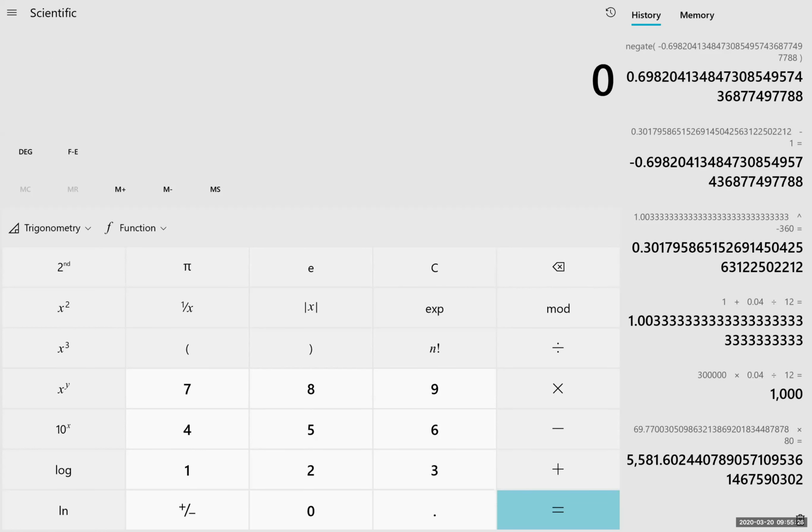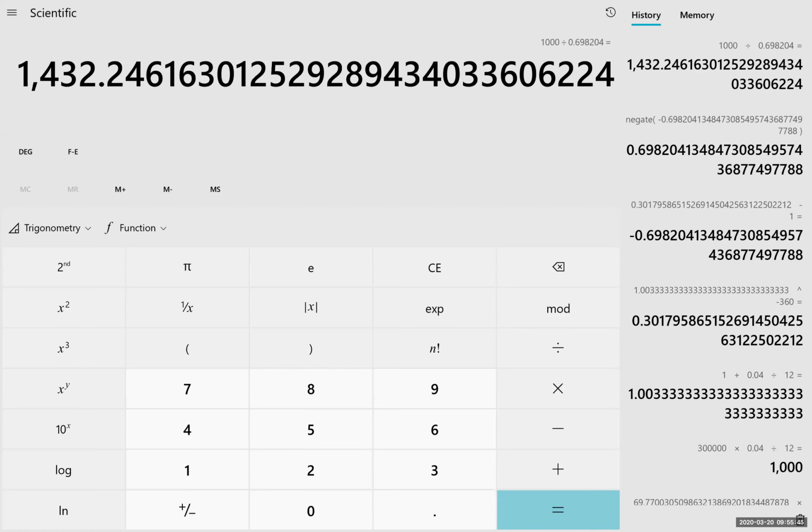All right, remember the numerator, the top number, was 1,000 divided by the thing that I just wrote down, which is 0.698204, maybe that's enough. And that is equal to $1,432.25. I can round this up to 25 cents. And that is your monthly payment.